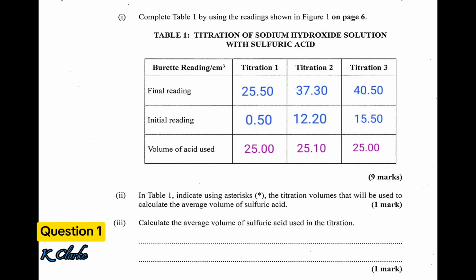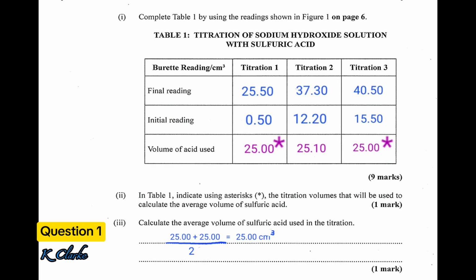Part 2. In Table 1, indicate using asterisks the titration volumes that will be used to calculate the average volume of sulfuric acid. The volume of acid in titration 1 and 3 will be used, so we place an asterisk beside the numbers. Part 3.